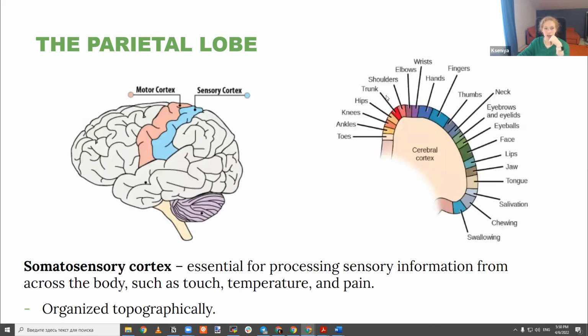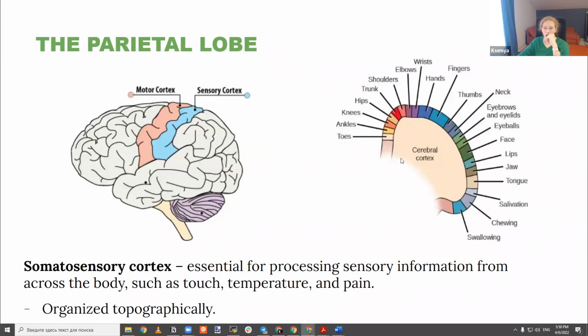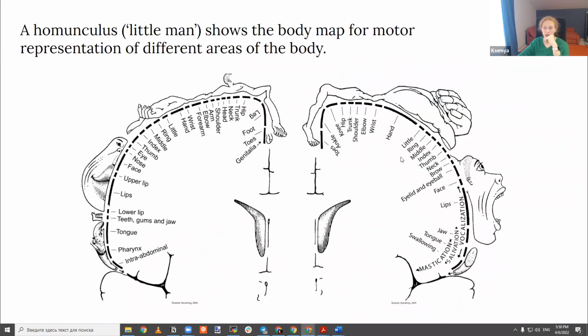The sensory cortex and the motor cortex are organized topographically. So, for example, a homunculus, or a little man, shows the body map for motor representation of different areas of the body, and somatosensory representation of the different areas of the body.